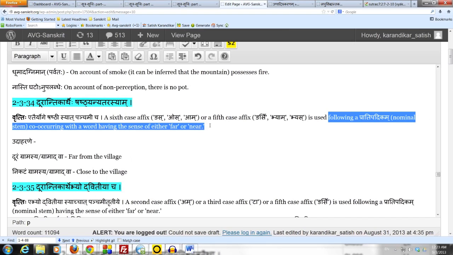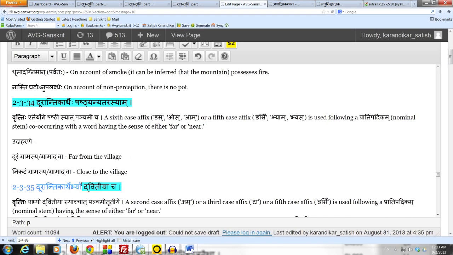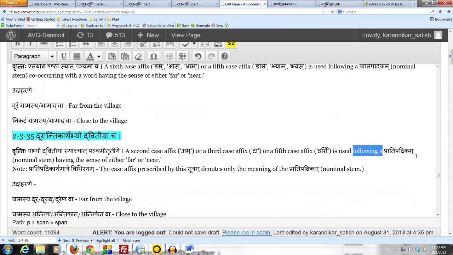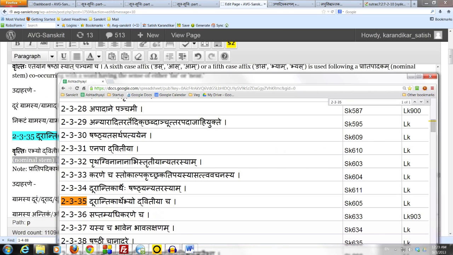Now in comparison to that, 2.3.35 says Durantikarthebhyaha. So 2.3.35 is prescribing a case affix following a pratipadikam having the sense of either far or near. So 2.3.34 and 2.3.35 require that there be a pratipadikam having the meaning of far or near.